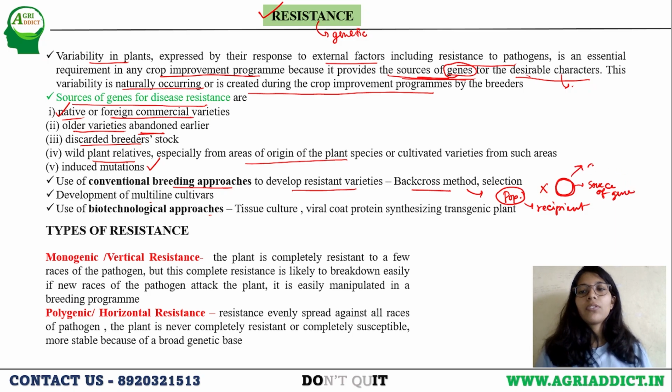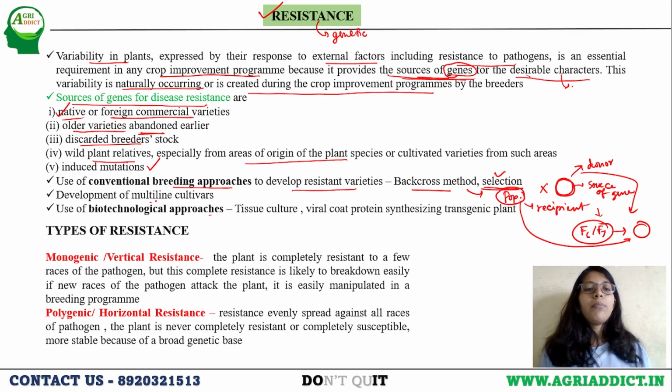This is called the donor. So we cross between them, and in the successive generations, probably in F6 or F7, we will find the variety. This popular variety will obtain the gene from the donor, and also by selection of the resistant varieties. Other approaches are development of multi-line cultivars and use of various biotechnological approaches like tissue culture and viral coat protein synthesizing transgenic plants.